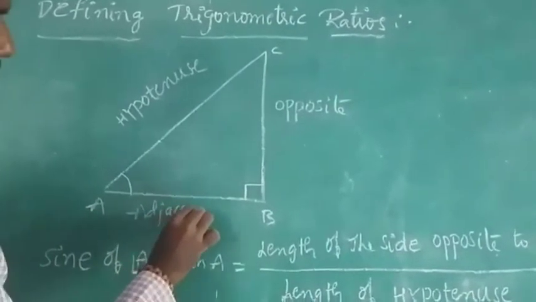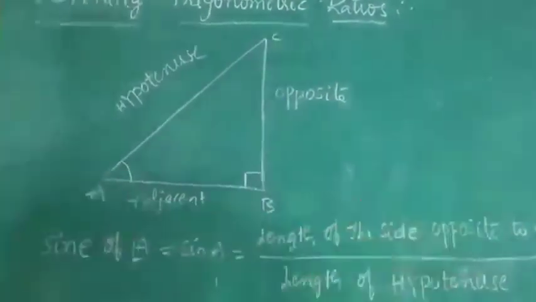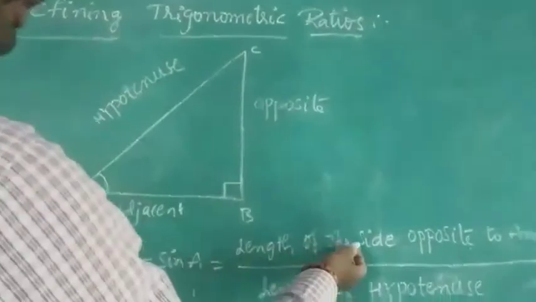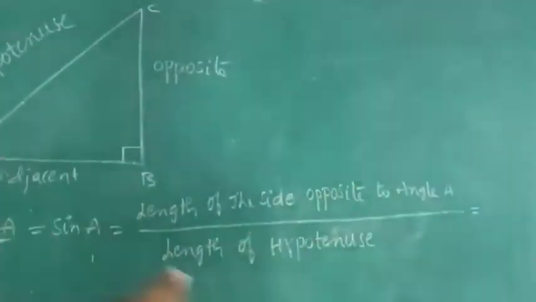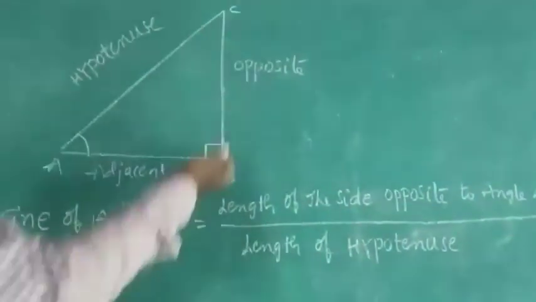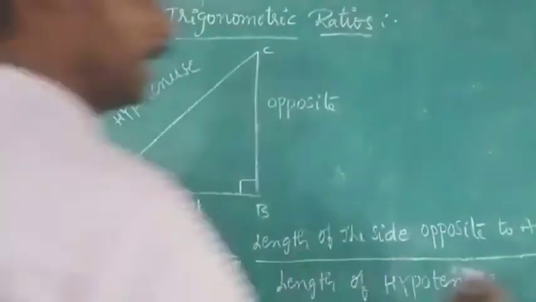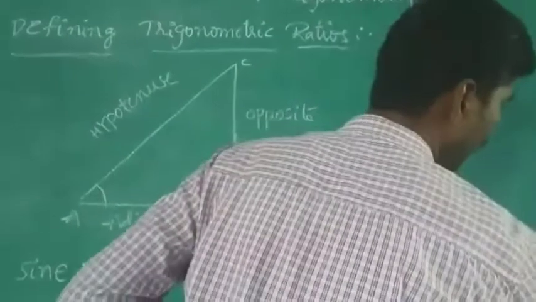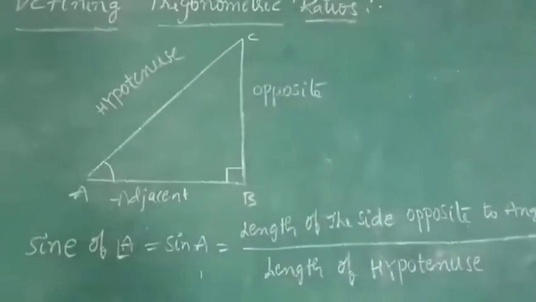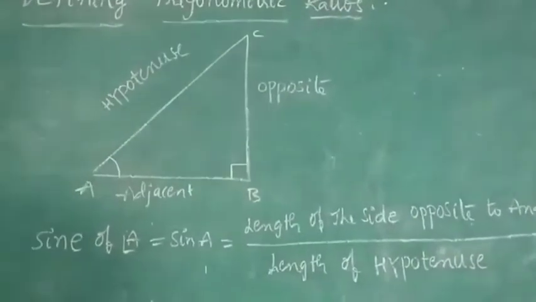You imagine it as a shortcut, but I am writing here clearly: length of the side opposite to angle A. For angle A, the opposite is what? BC. That's why I am writing BC by the length of the hypotenuse. What is the hypotenuse? AC or CA you can write. This is called sine of angle A.